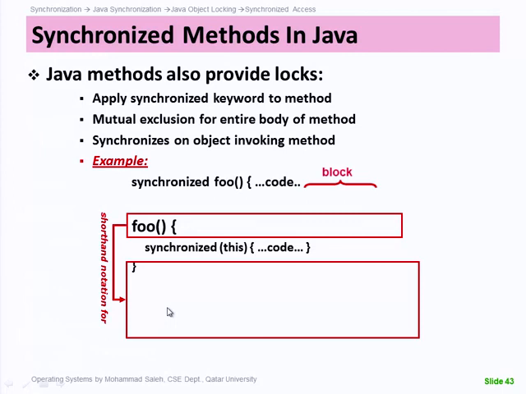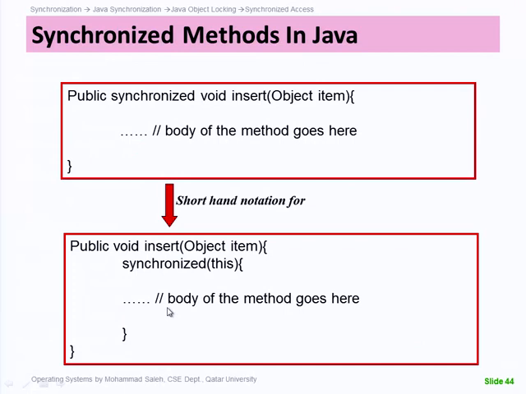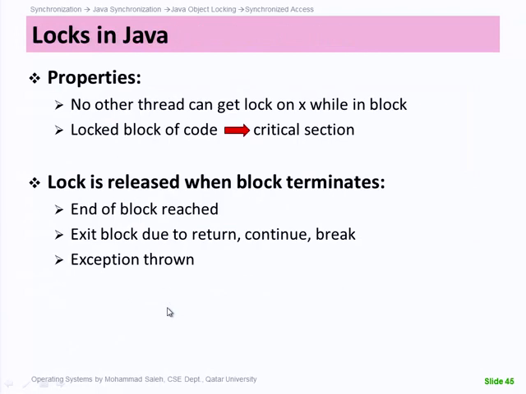And then we could use it as simply as this: just have synchronized before the method name, and that will make the code of the method synchronized. So these two representations are equivalent. You synchronize the body, or you synchronize at the declaration, or let me say the signature of the method, and both are the same.